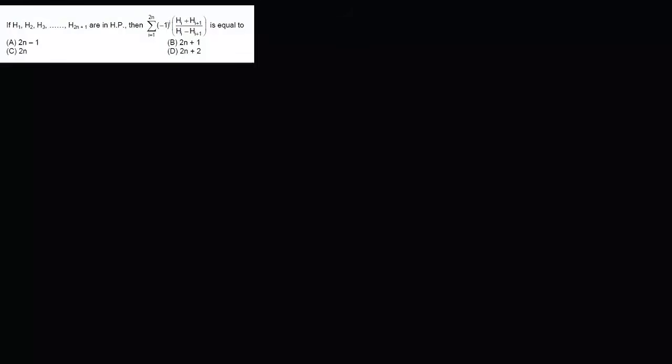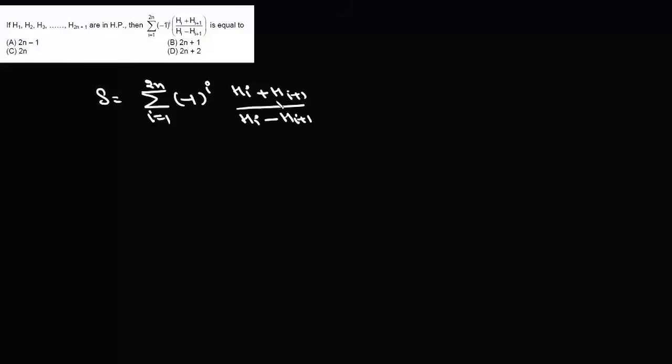Now here the question is, if H1, H2, H3, up to H2n plus 1 are in HP, then we need to find the value of this sum, which is the summation i varies from 1 to 2n of minus 1 to the power i into Hi plus Hi plus 1 upon Hi minus Hi plus 1.